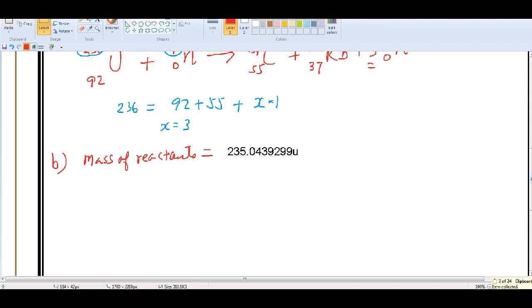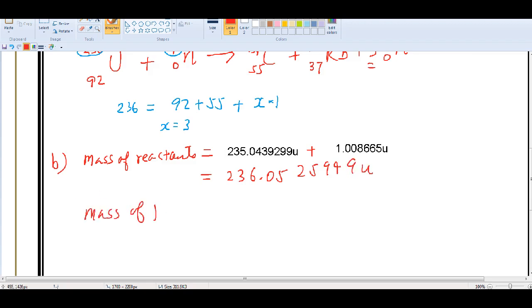You just add them, and for these two, if you add them, you get 236.0525949 u. So that is the mass of reactants.